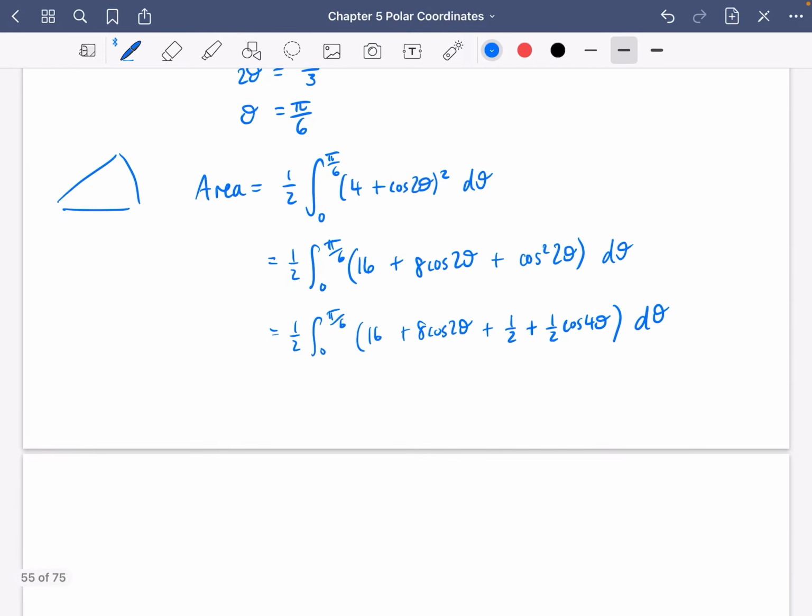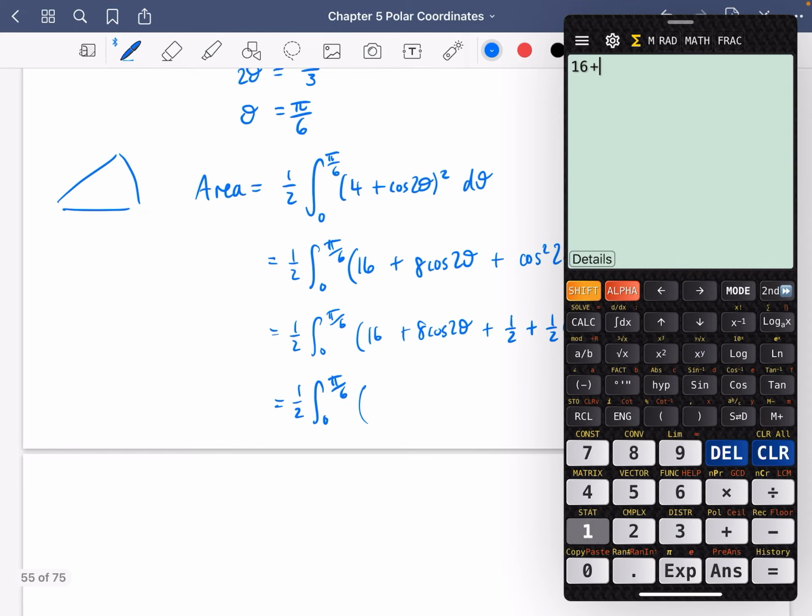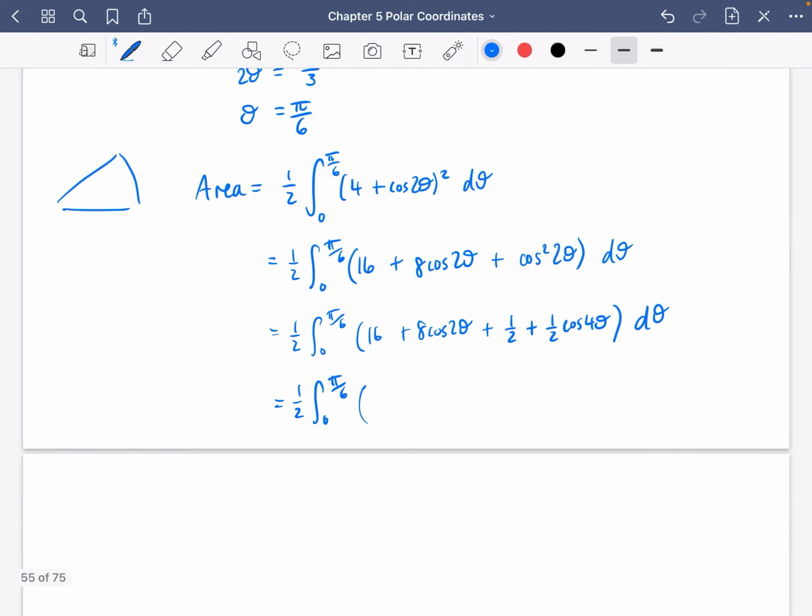Okay, I'm just going to do that line one more time, and this time I'm going to still leave the half outside the front. I'm going to do the 16 plus the half, very lazy, just because I want it as a fraction. I think it's going to be 33 over 2. So we get 33 over 2 plus 8 cos 2 theta plus a half cos 4 theta.